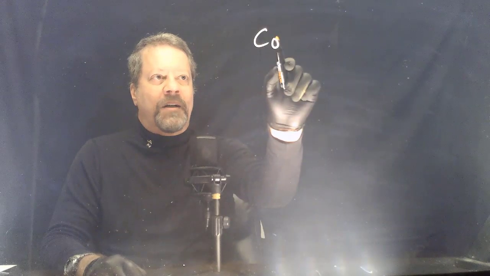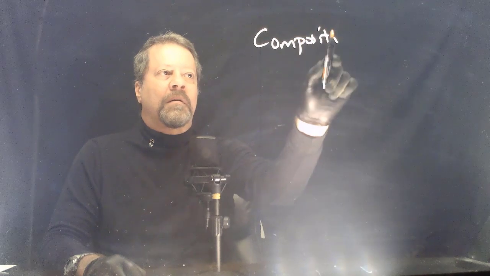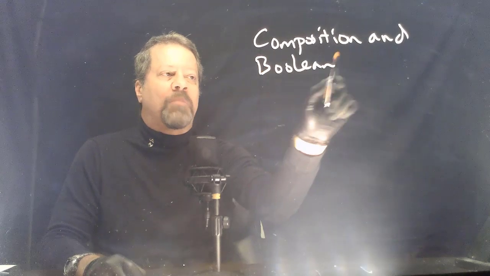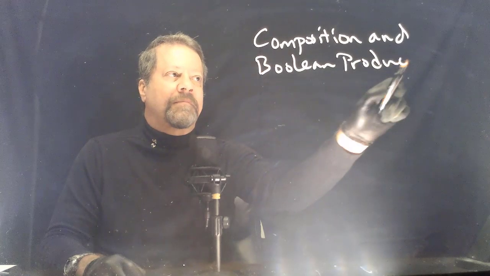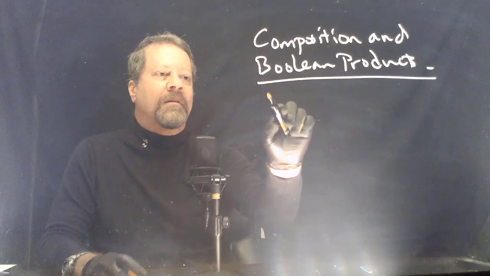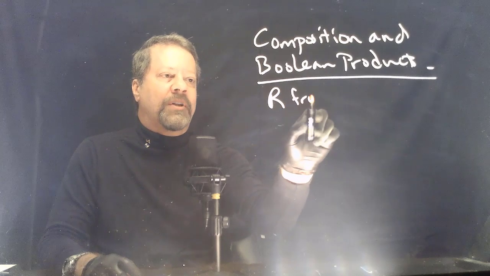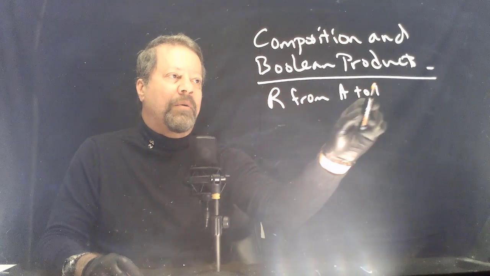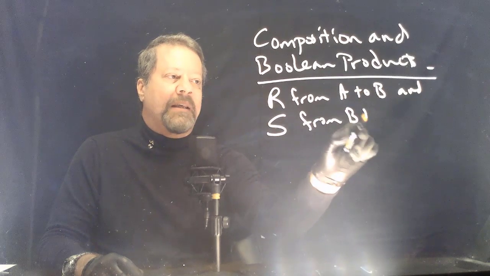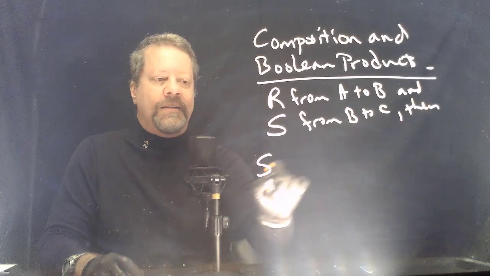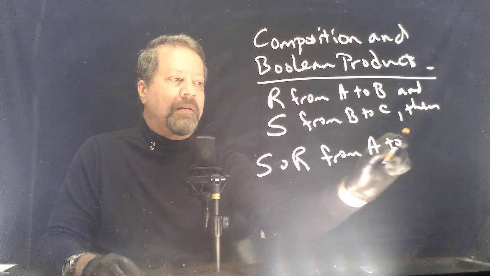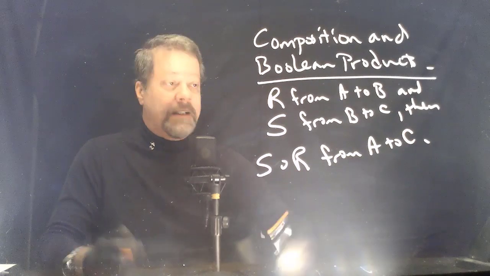We next consider composition and Boolean products of matrices. Remember, if we have two relations, R, which goes from A to B, and S, which goes from B to C, then S composed with R goes from A to C. Let's make some additional assumptions.